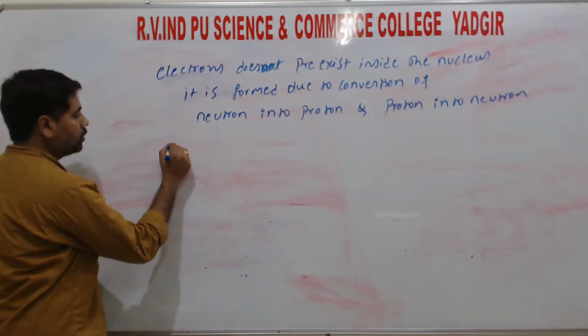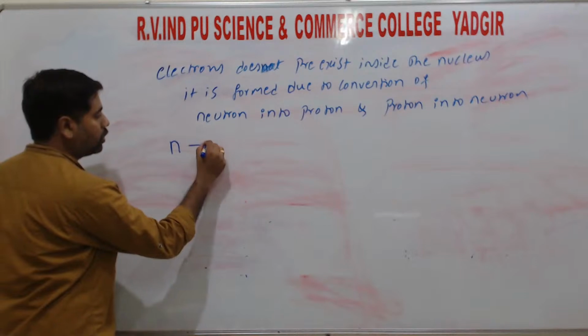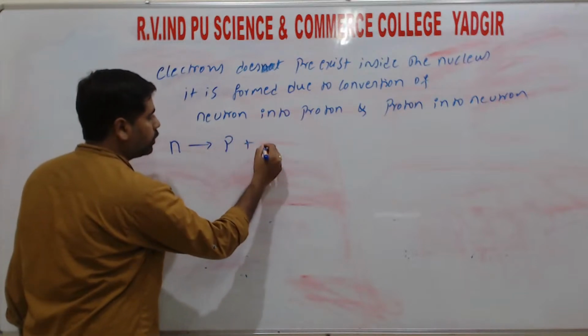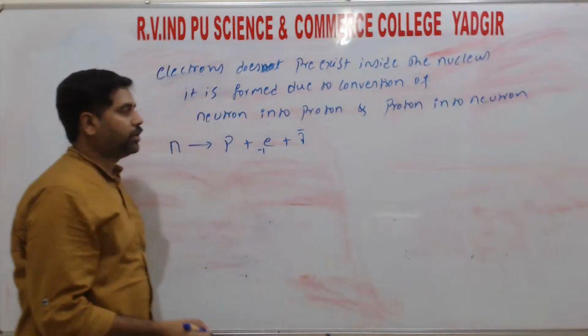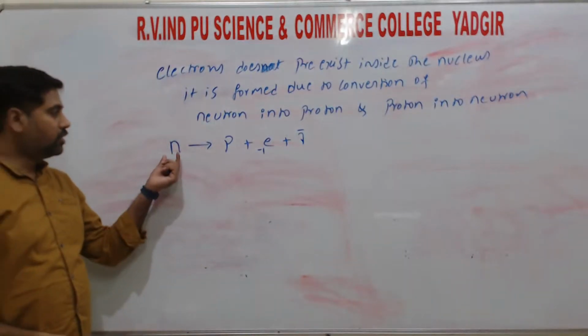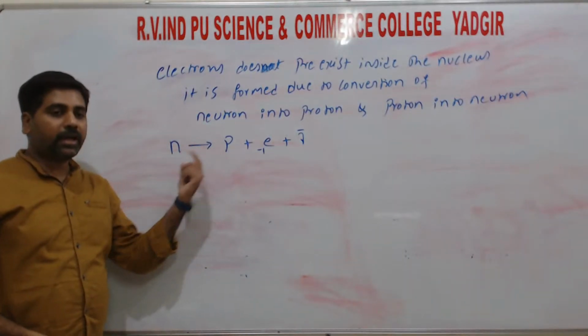So here neutron is converting into proton plus the emission of the electron along with one anti-neutrino, right? So this is when neutron is converting into the proton.